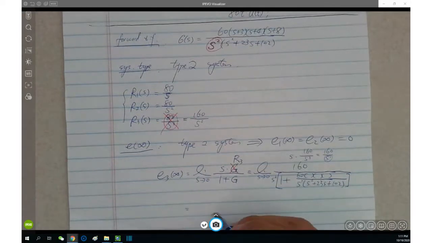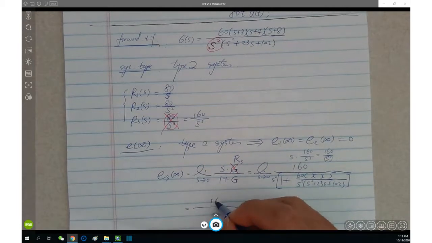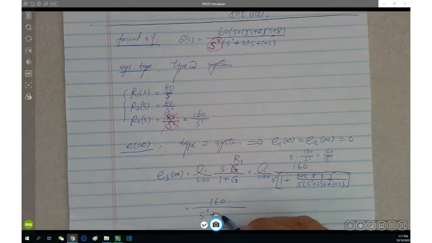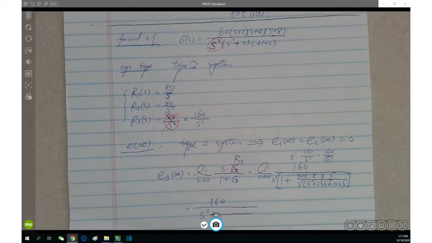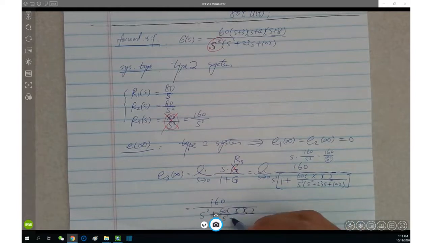And then it basically equals, now you can substitute s equals 0 into the division here. So 60 times 3 parentheses. Denominator is s squared plus 23s plus 102.